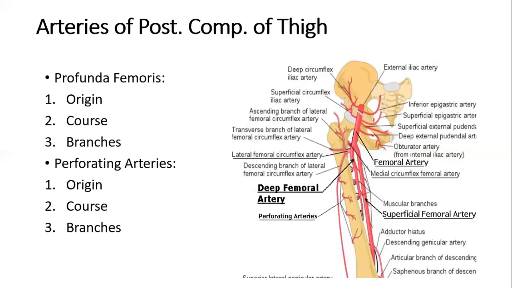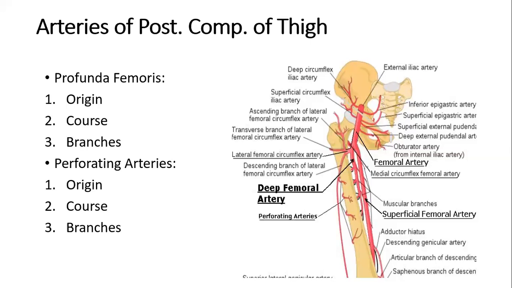They are 4 in number, out of which 3 perforating arteries are given off by the deep femoral artery within the anterior compartment of the thigh, whereas the 4th one is actually the terminal branch and the continuation of the deep femoral artery.